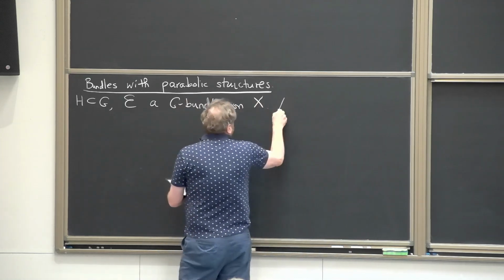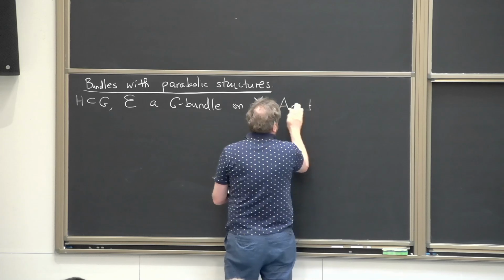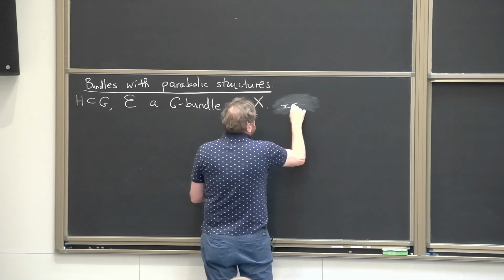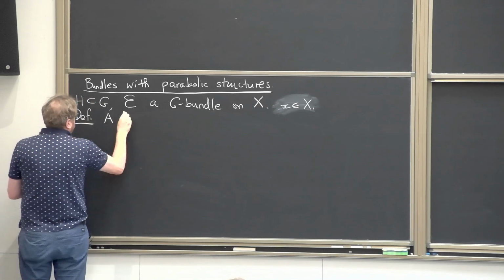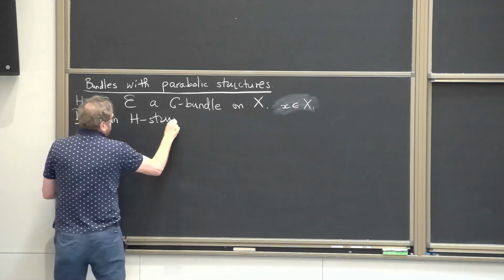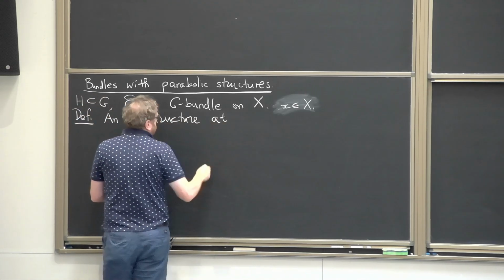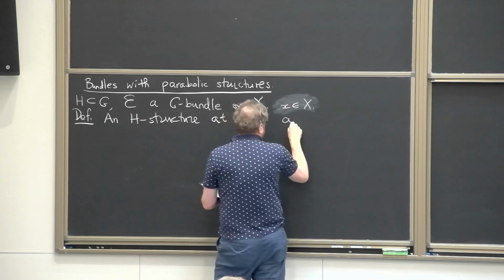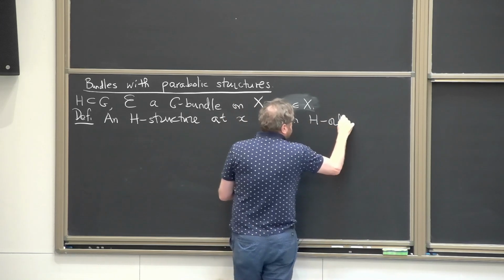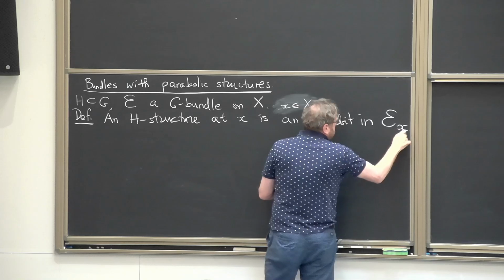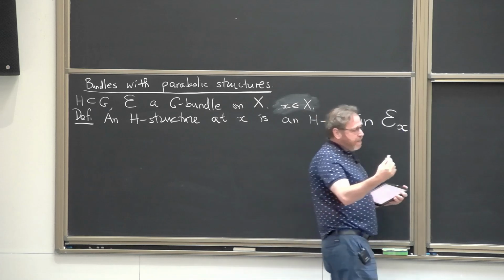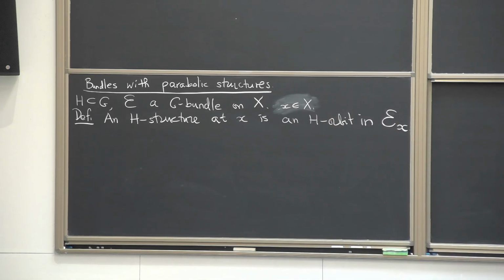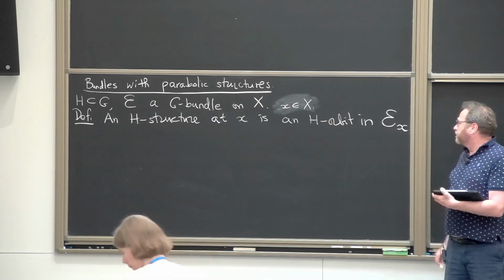And so we say, if you have a point x in X, then definition: an H structure at x is an H orbit in the fiber E_x. Recall that E_x is a torsor over G, so it's essentially a copy of G where we forgot the position of the origin, but still we have a simple transitive right action of G on the fiber, and we want to take an H orbit.